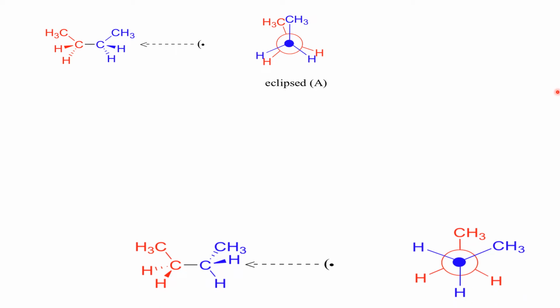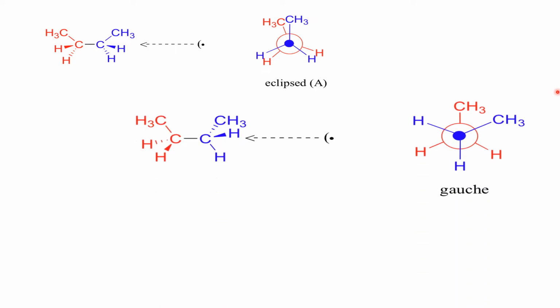Now see the next one. That is one of the gauche forms. See here. In this case, this CH3 group is lying between the CH3 group and hydrogen atom. See here. From the wedge, broken lines and thick lines, you could easily make it out.